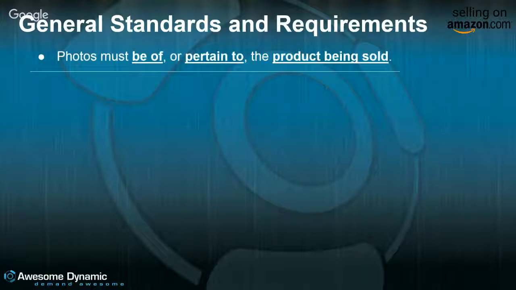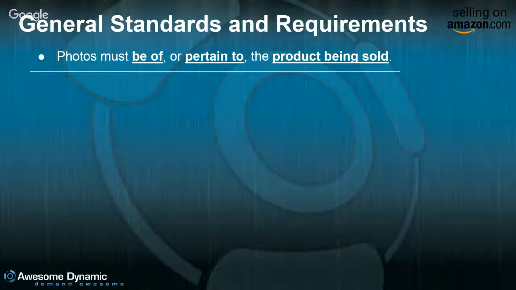The first thing to keep in mind is that whenever you create any photos, they must be of or pertain to the product being sold. I think we've seen a lot of listings where the product is shown with a lot of different props. If it's a phone case, you see it with a phone in the picture as well.